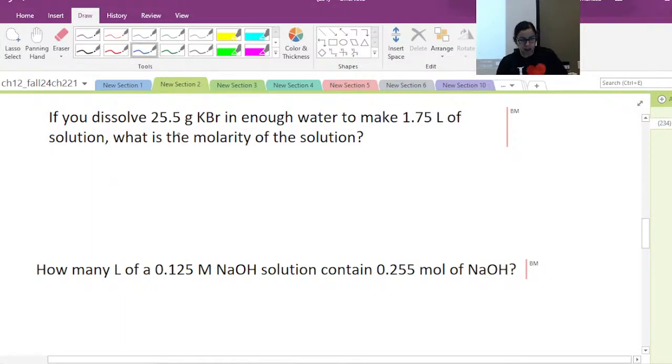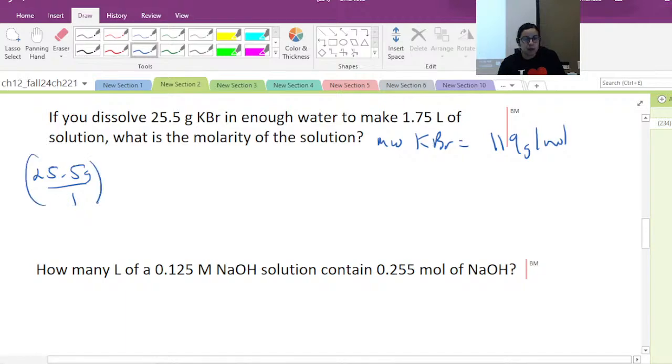So let's start here. What do we need to do? What do we get for our molecular weight? So 119, did people also get that roughly? And now we can find our moles of KBr.